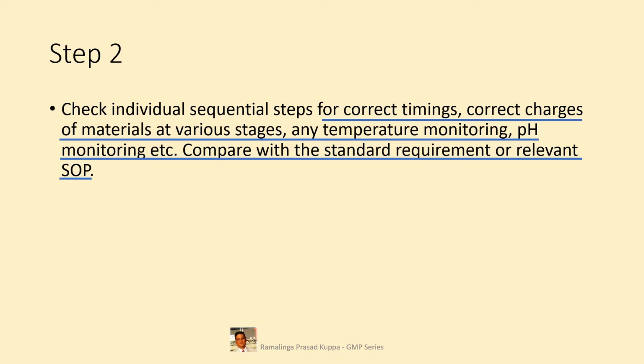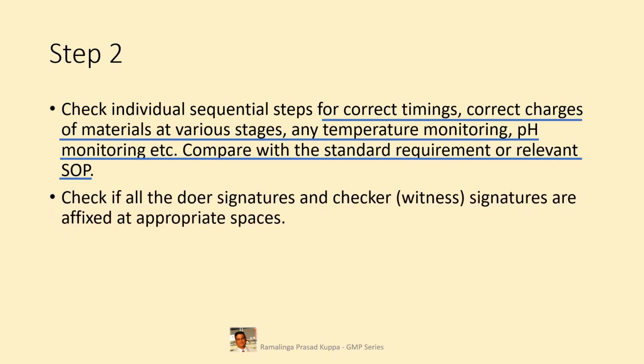Check whether or not these operations were carried out as per the standard requirement. Check if all the doer signatures and checker signatures are affixed at appropriate spaces. Check if there are any missing signatures.